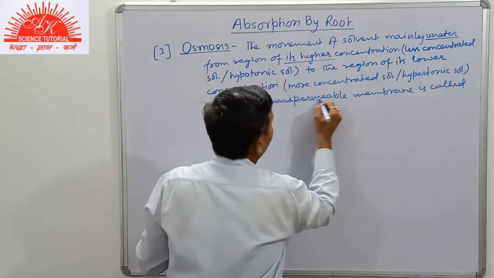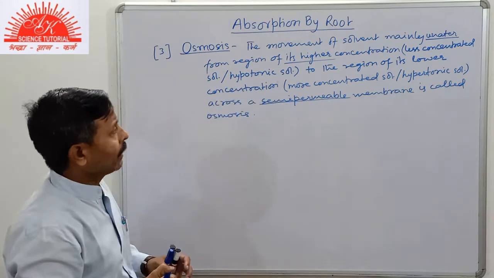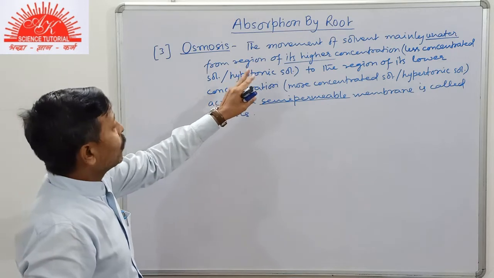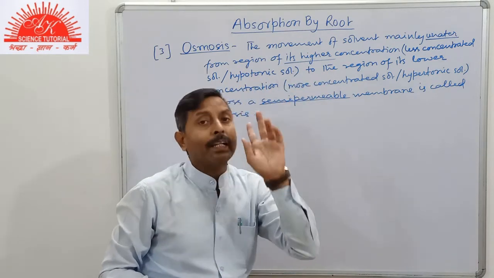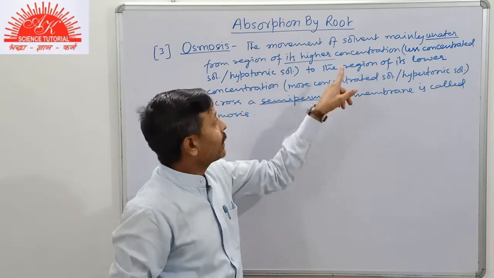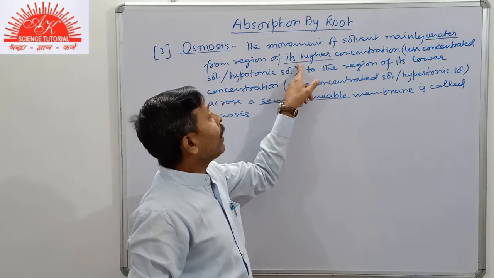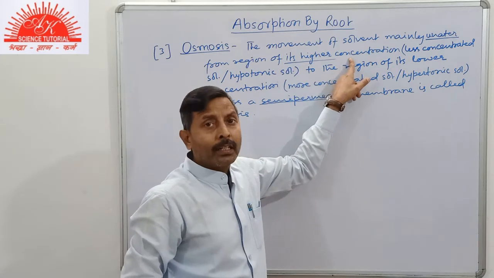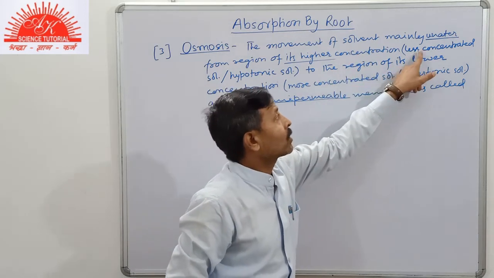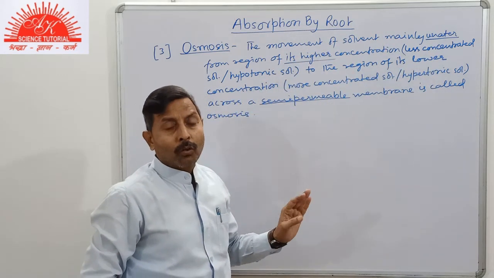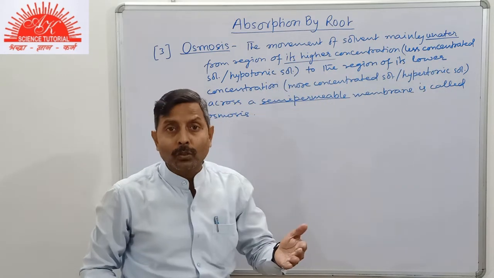So students, here some terms are required to be written clearly. Water moves from the region of its higher concentration, which means the water is in higher concentration with respect to the solute, there is less solute, hence called a less concentrated solution. We can also use the term dilute solution.